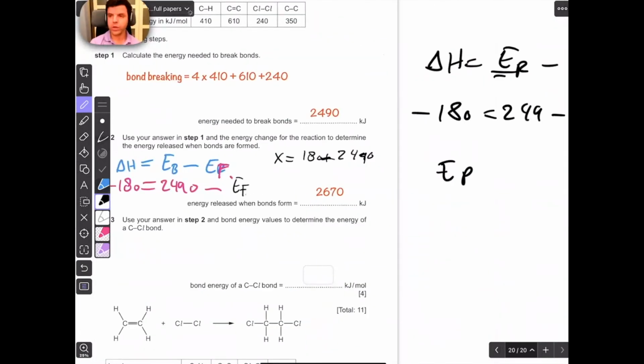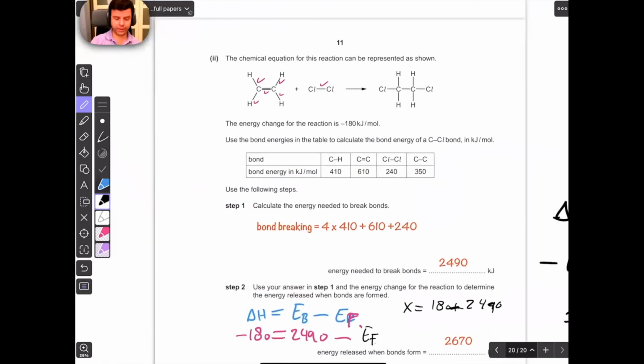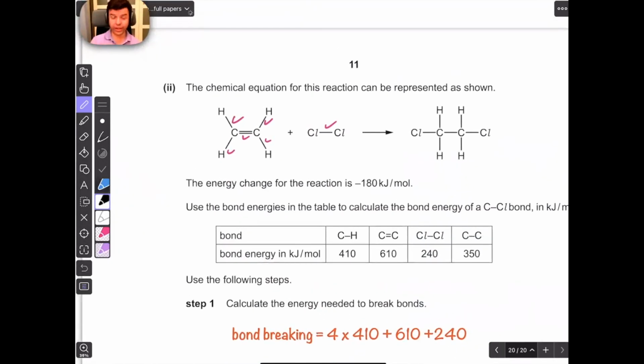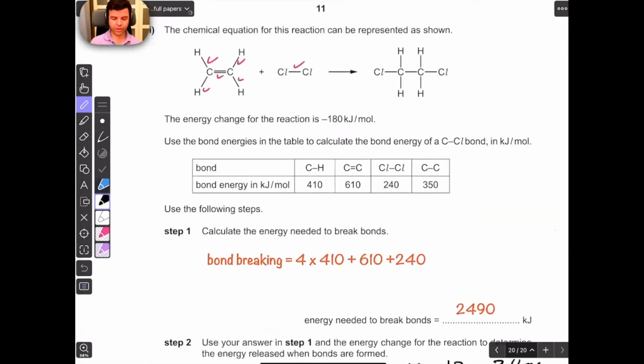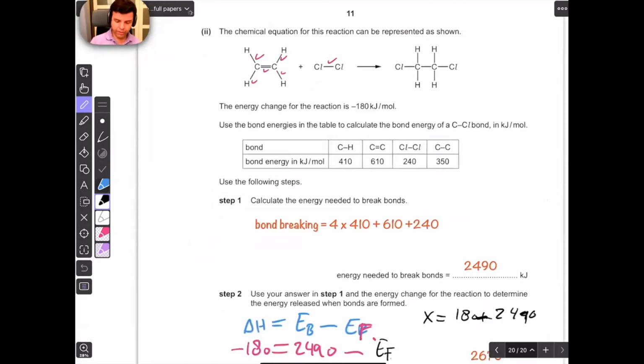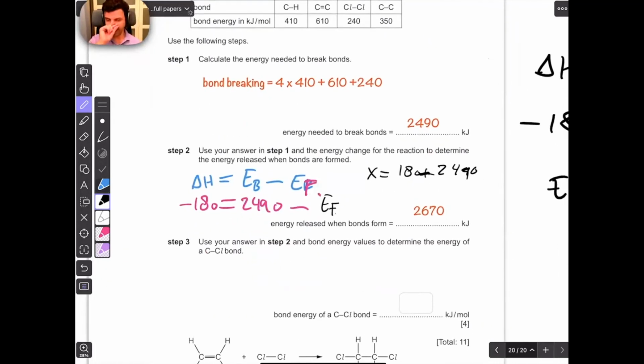Isa: Sir, would I still get the answer right if I just use the table and then the product? You mean just write the answer, not the working out? No, I mean looking at the product, working out the bonds and then adding them up for the product. The only thing is, if you get it wrong, then you miss all of those 4 marks, so it's better to do it step by step.